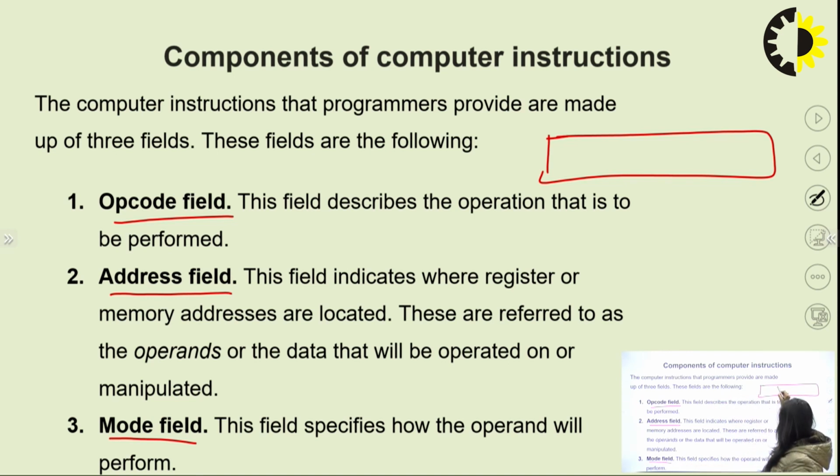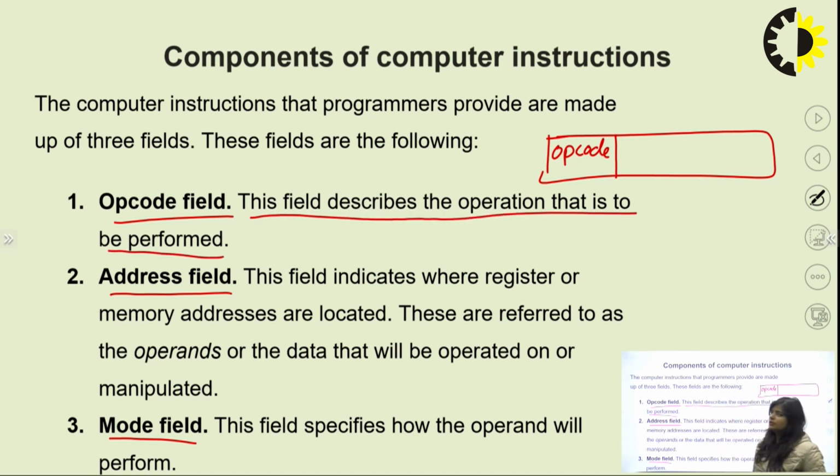The first partition is the opcode. This field describes the operation that is to be performed, whatever the instruction is going to perform. And the second field is the address field.